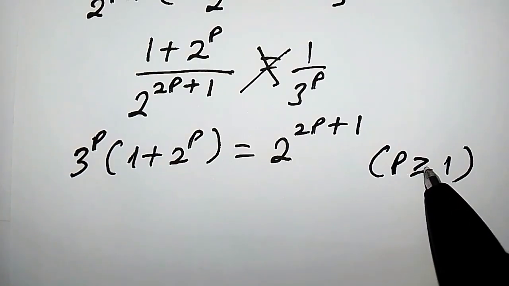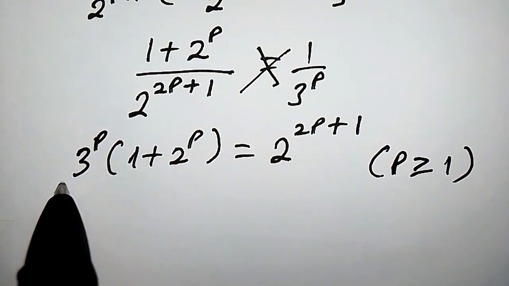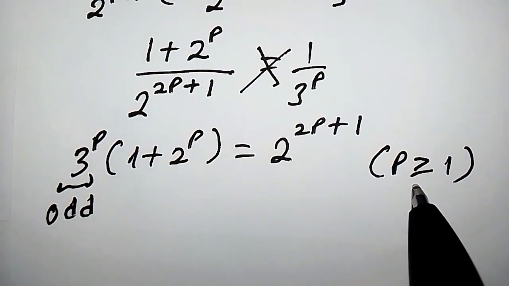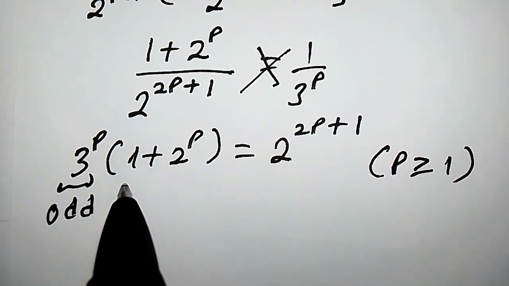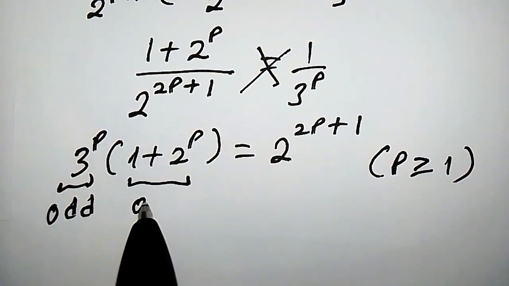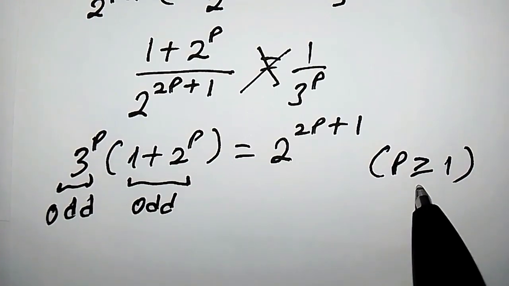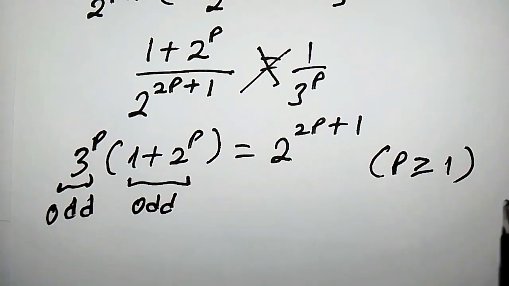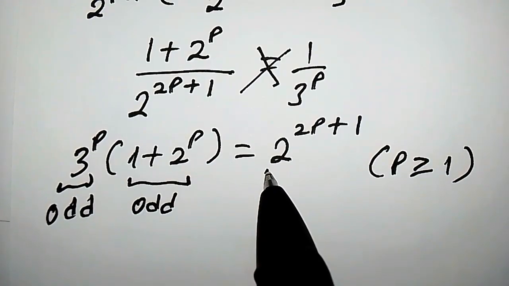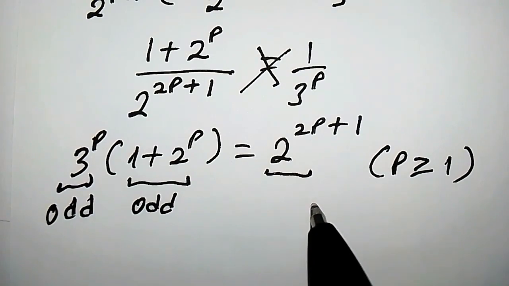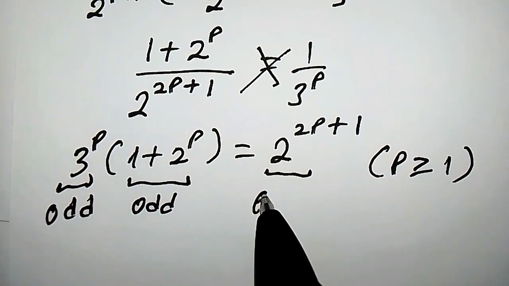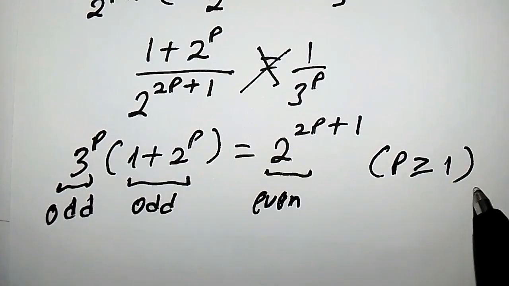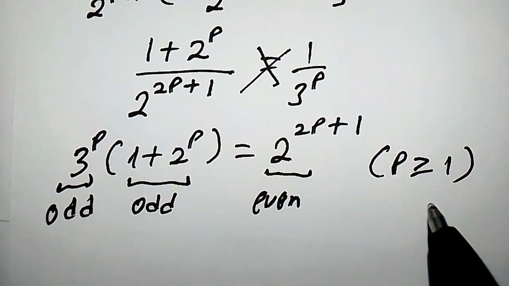And when p is greater than or equal to 1, 3 raised to p is an odd number. And 1 plus 2 raised to p is always odd for p greater than or equal to 1. That is when p is equal to 1, 2, 3, on and on like that. And this guy, 2 raised to 2p plus 1, we always produce an even for p greater than or equal to 1, when p is 1, when p is 2, when p is 3, on and on like that.